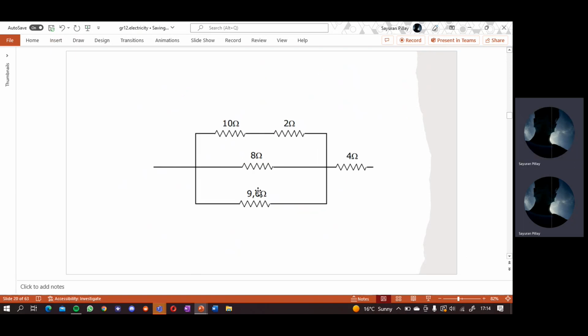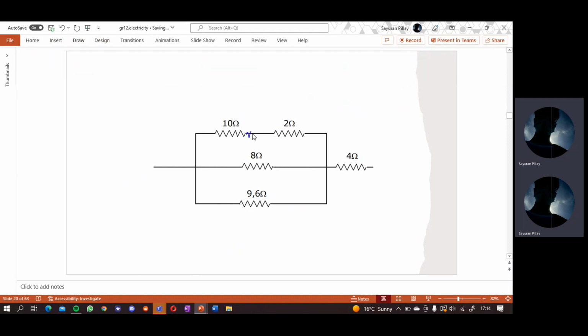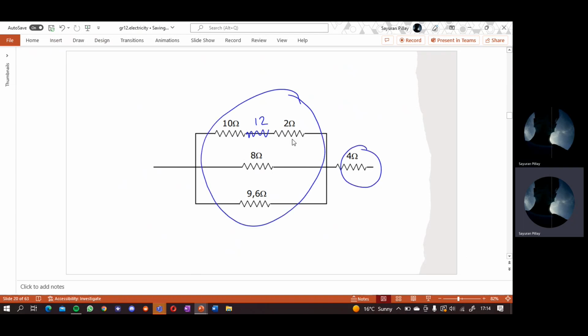All right, now here, what do we do here? Well, here we can just call this 12. I'll draw. So we can just ignore this, and there's one resistor here of 12 ohms, and now we have a ring and that 4 ohms. So the total resistance of this branch is going to be 12 inverse plus 8 inverse plus 9.6 inverse.